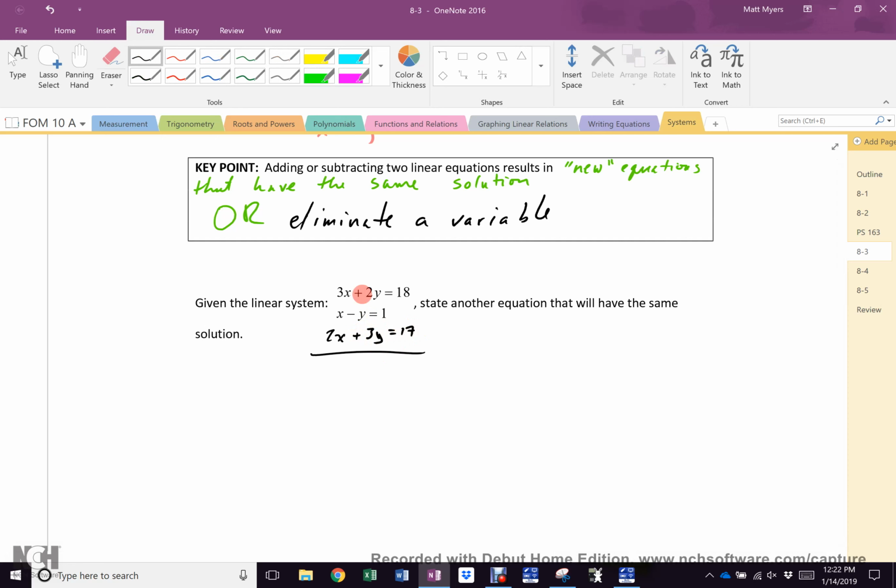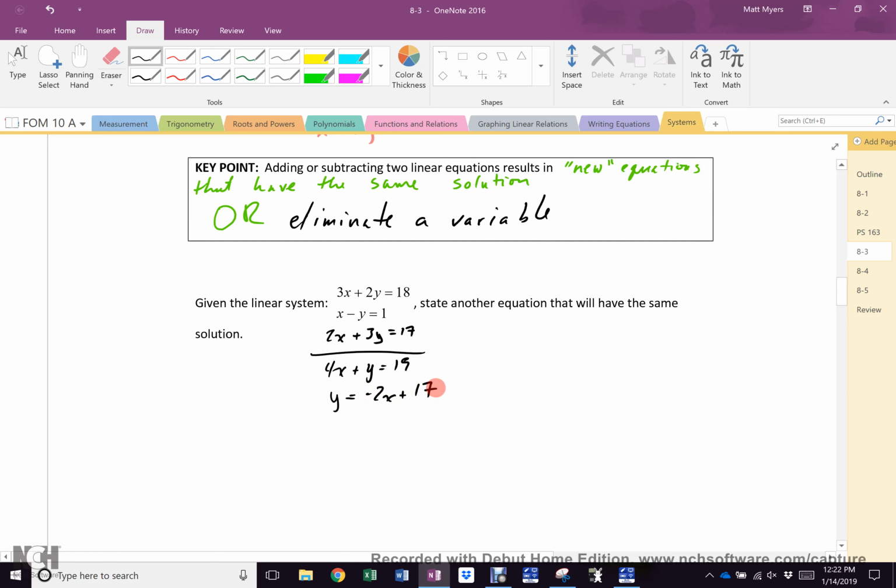Jovan, hit me. 4x plus y equals 19. Absolutely right. He just added them. Anybody get another one for me? Hayden. y equals negative x plus 17.